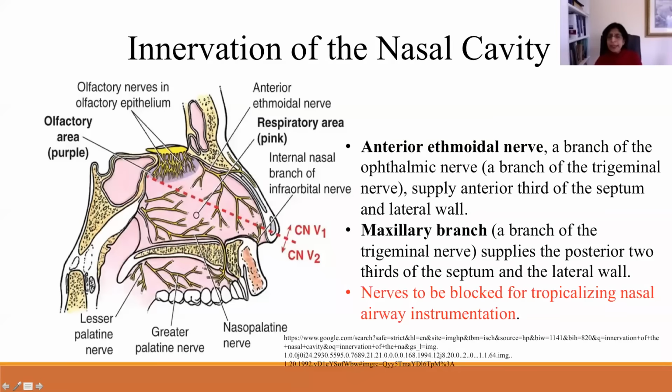The maxillary branch, a branch of the trigeminal nerve, again, we talked about that already, supplies the posterior 2/3 of the septum and the lateral wall. These are the nerves to be blocked for topicalizing nasal airway instrumentation. There you go. So that's another reason why you need to be familiar with these names. You need to sedate these nerves so that when you're intubating, you're not hurting this person.